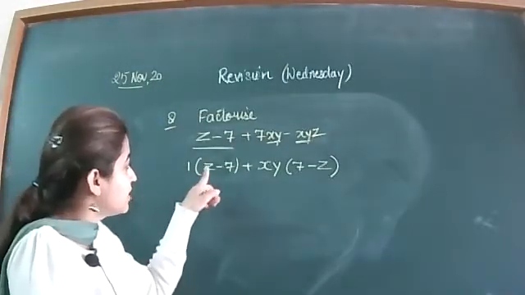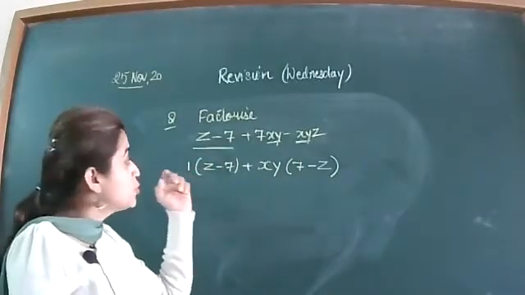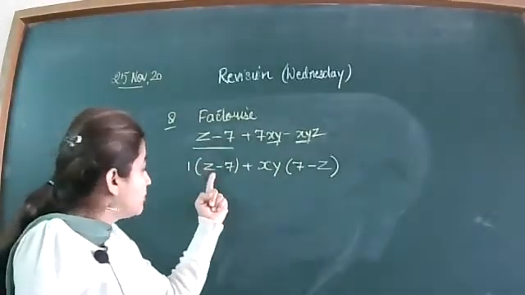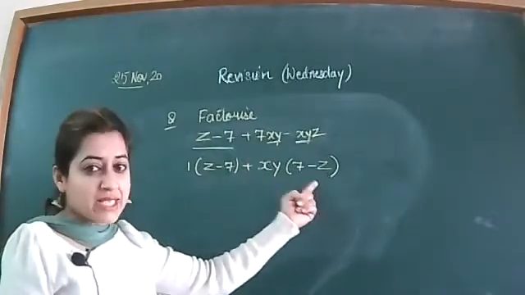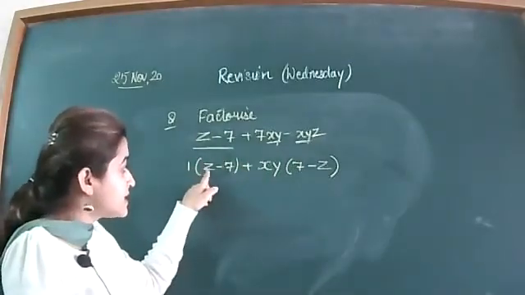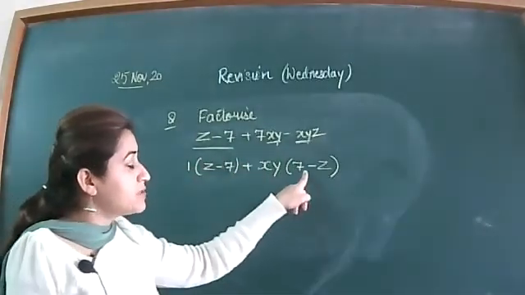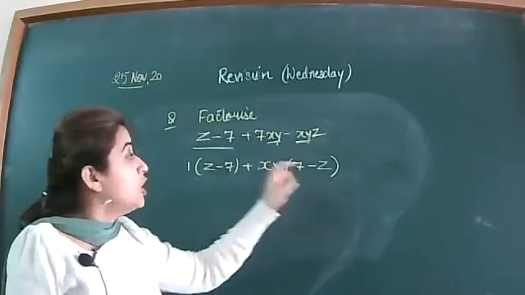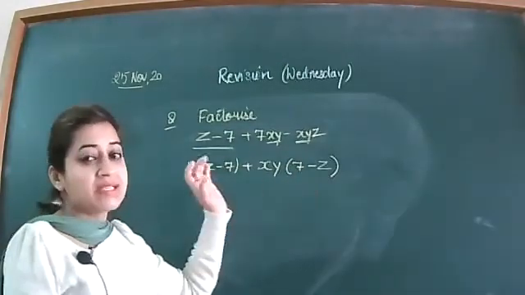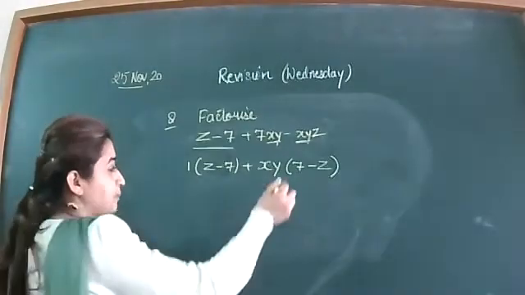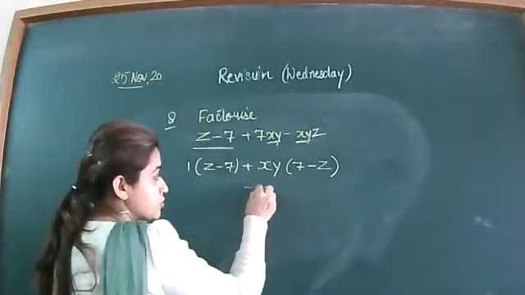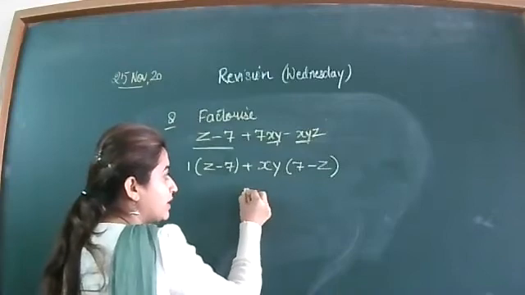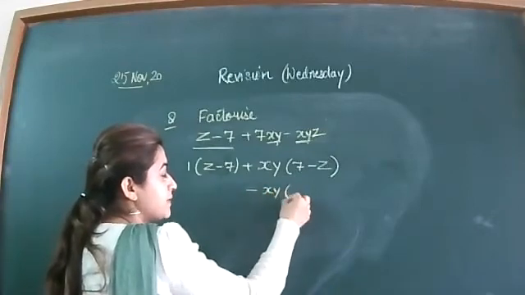Now, one condition is there. After taking common from two terms, the terms in the bracket should be the same. But here z minus 7 is there, and in the next bracket we have 7 minus z. So the terms are the same but the signs are different. For this you will take minus common. After taking minus common, xy will be the same.